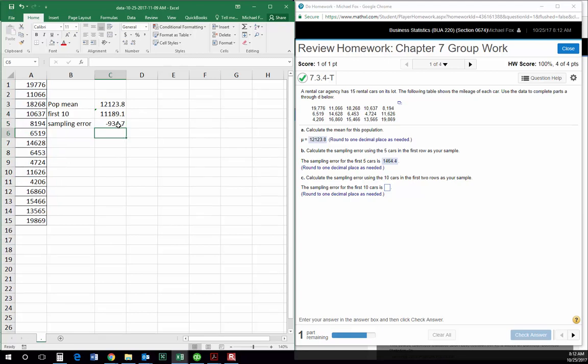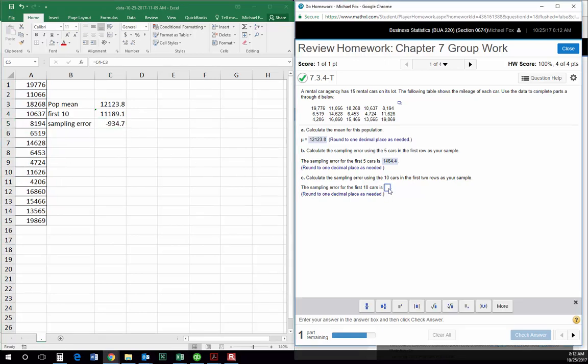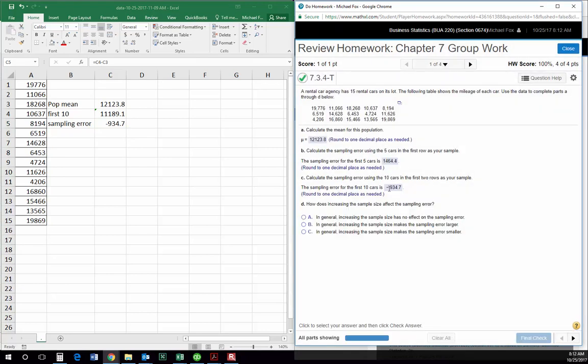Now I can see that our sampling error is negative 934.7. And then how does increasing the sample size affect the sampling error? So what we saw here is it made it smaller, or closer to 0 in this case. So in general, increasing sample size makes the sampling error smaller.